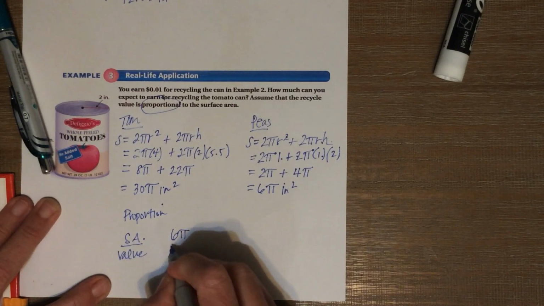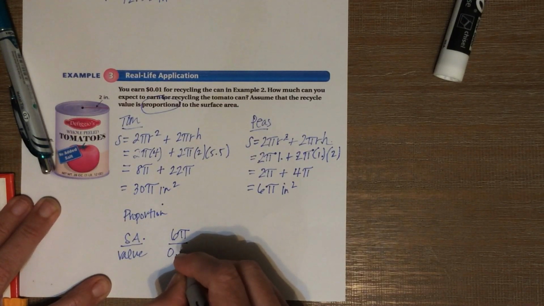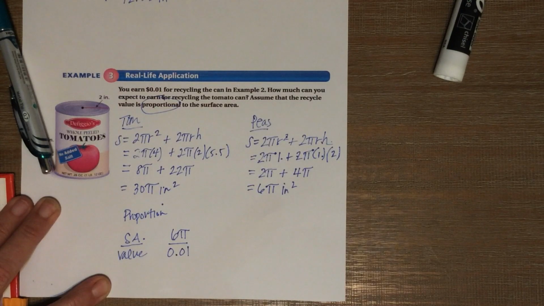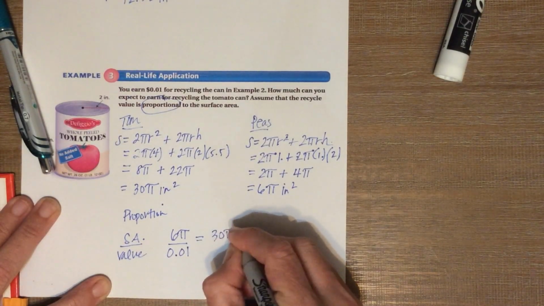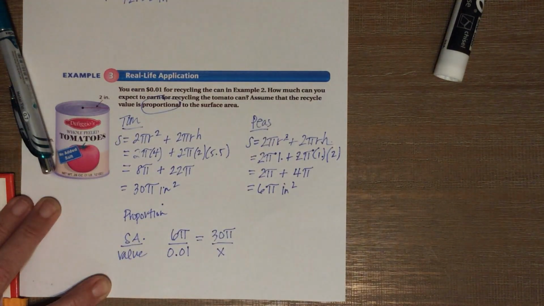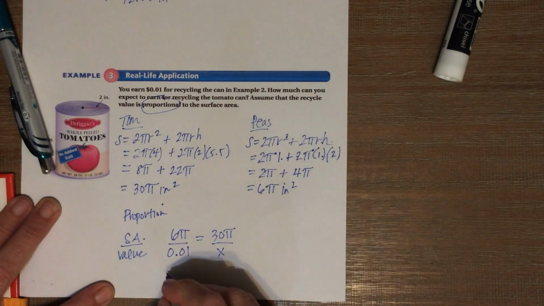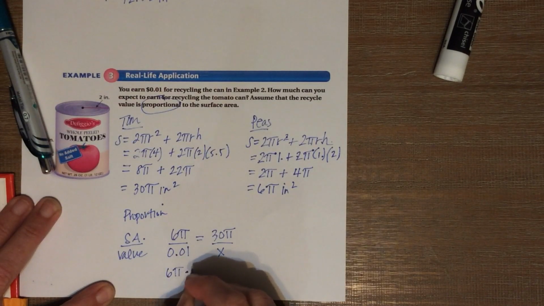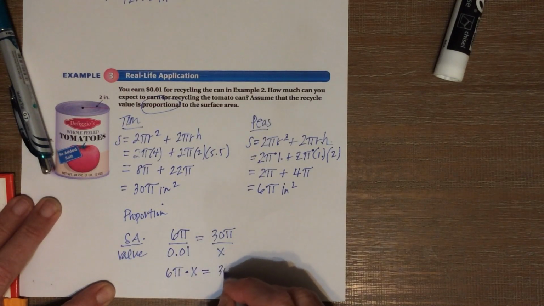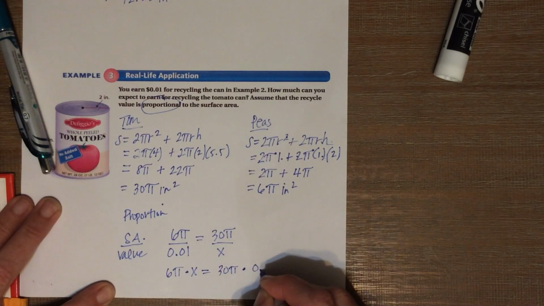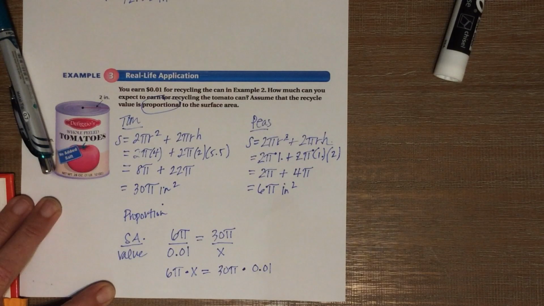For 6 pi inches squared, I got 1 cent. Now, for my tomato can, it's 30 pi, and I don't know how many cents, so that's our unknown x. And you guys know how to solve a proportion. You just cross multiply. So this is 6 pi times x is equal to 30 pi times our 1 cent.